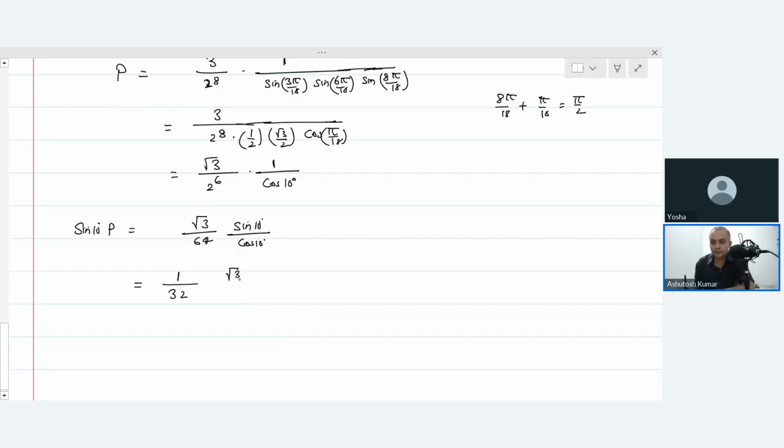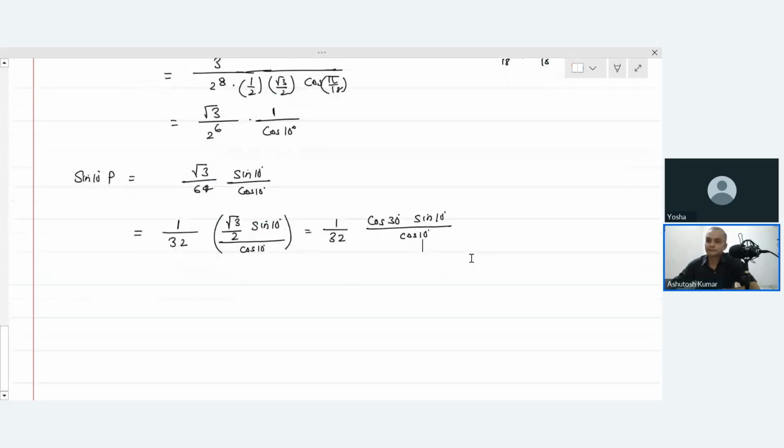And please be very careful. Root 3 by 2, sine 10, and divided by cos 10 degrees. Correct? I don't have any cos in the denominator. So for that, I'm writing this root 3 by 2 as cos 30 degrees. Can I write it like this? Is it clear?